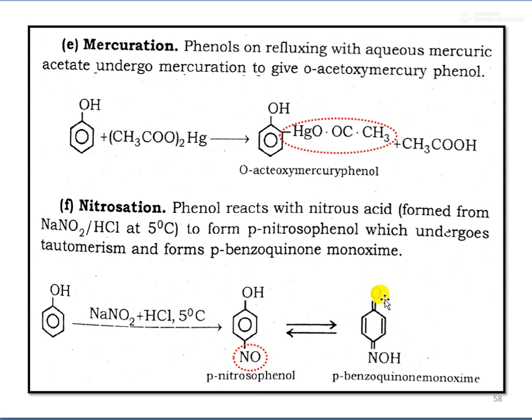This is the quinone part. In a quinone there are actually 2 oxygen atoms, but here in this case one of the oxygen atoms is replaced by the NOH group. That is why this is the monooxime at the para position. This is the nitrosation reaction of phenol.